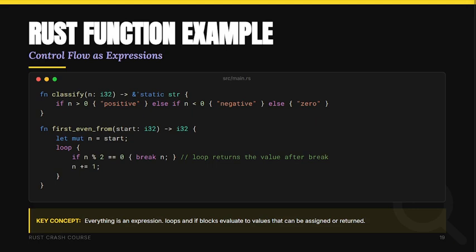The loop expression evaluates to whatever you break with. The key concept is this: everything is an expression. Loops and if blocks evaluate to values that can be assigned or returned. This is a powerful design. It makes code more concise and compositional.